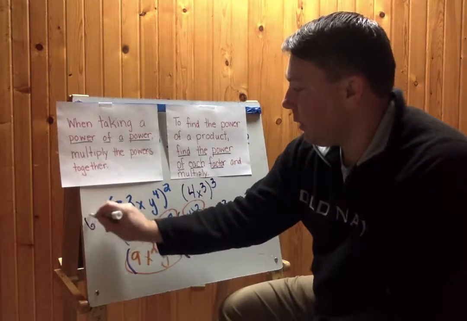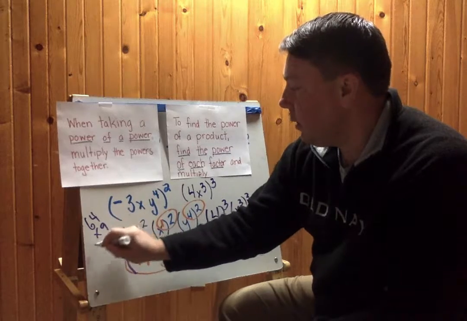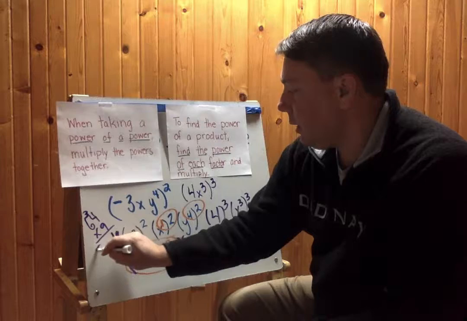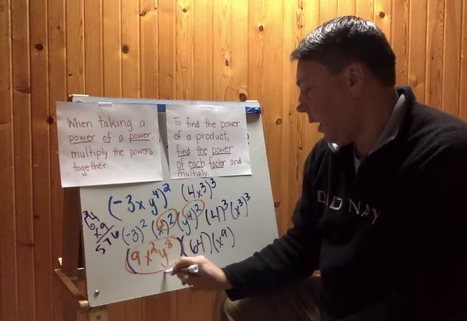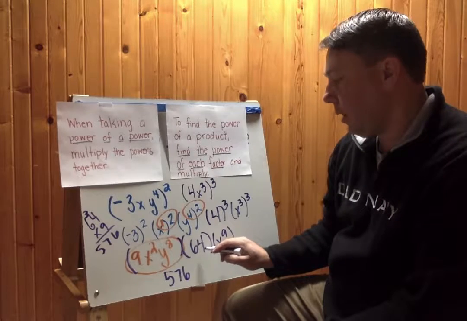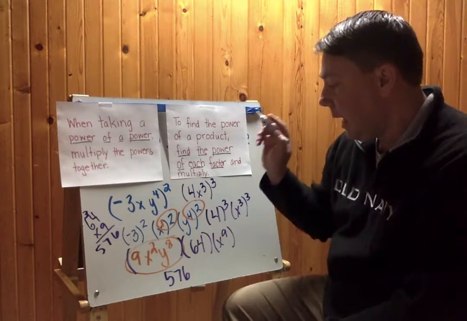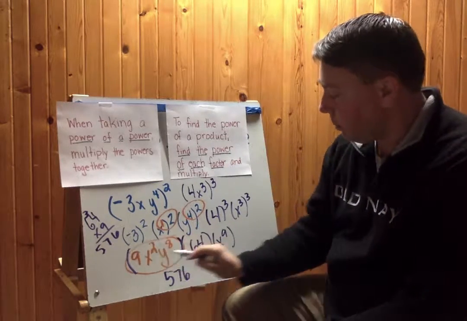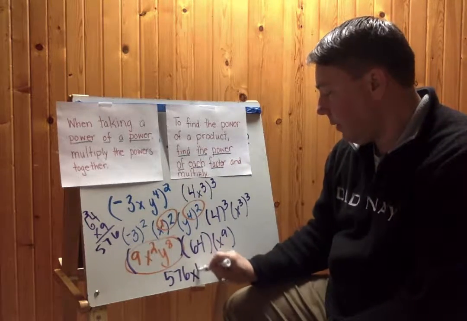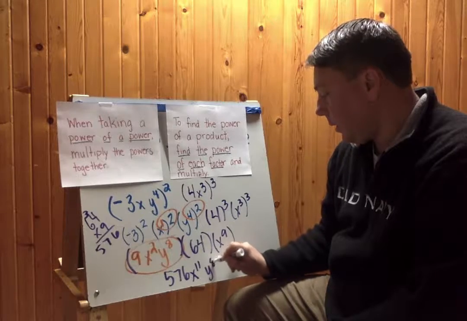So let's do that over here to the side. 64 times 9. 4 times 9 is 36. 54 plus 3 is 57. So 576. 9 times 64, multiply the coefficients together like we did yesterday, and add the exponents when multiplying like bases. So 9, 10, 11. So x to the 11th, y to the 8th.